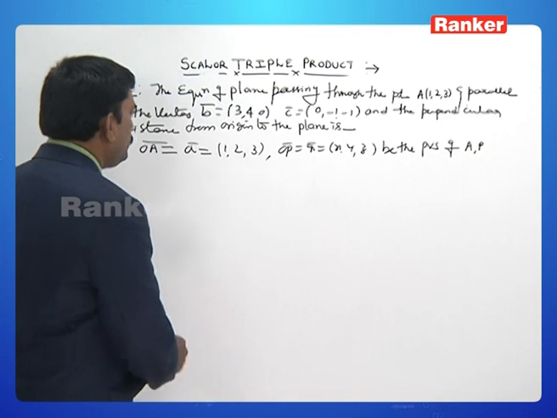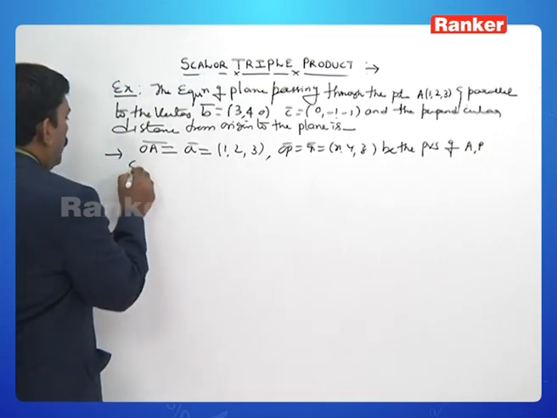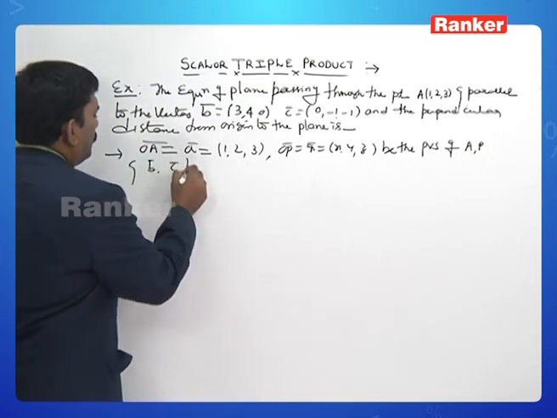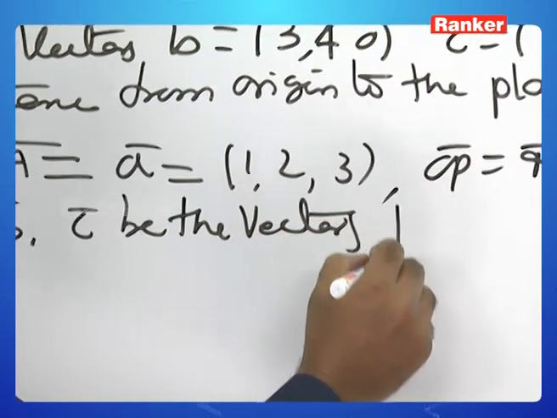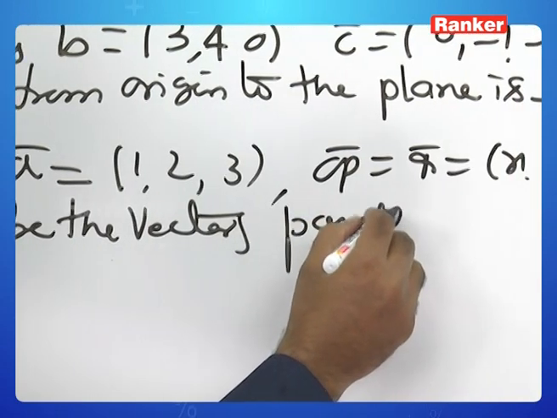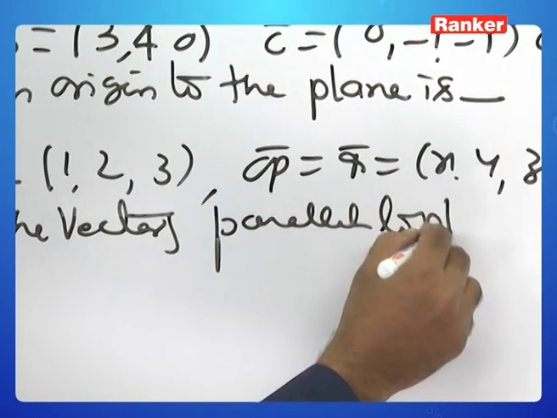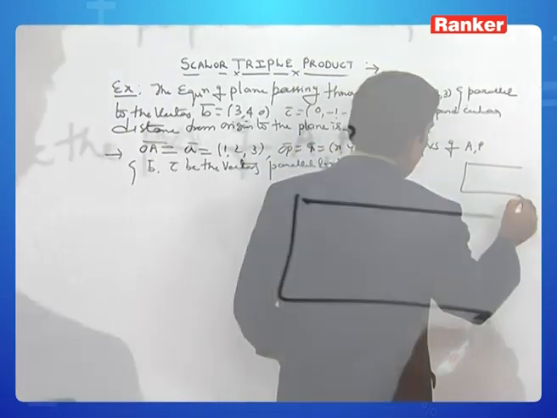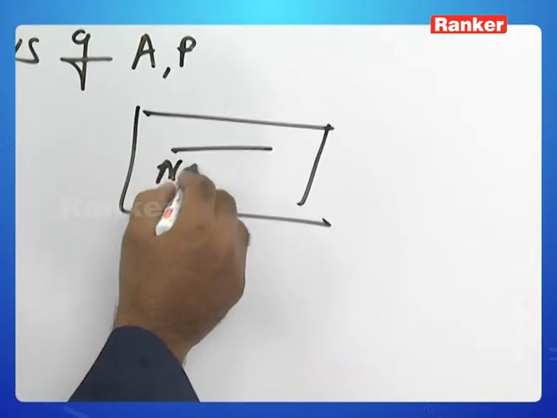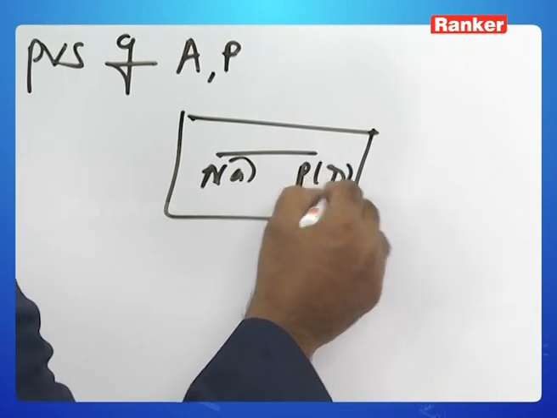Then B bar and C bar be the vectors parallel to the plane. This is A of A bar, P of R bar.